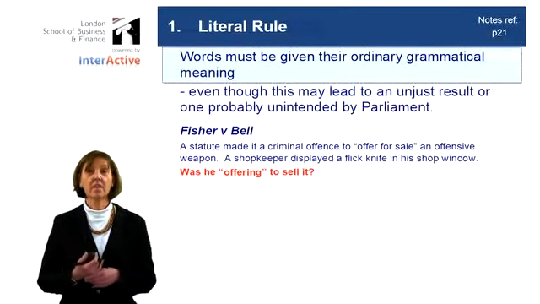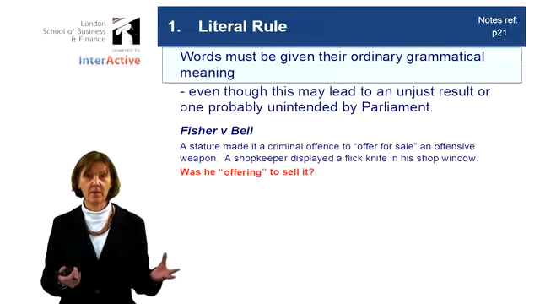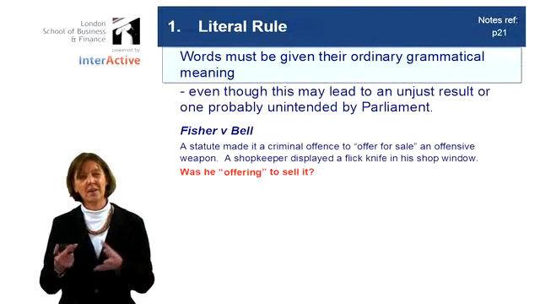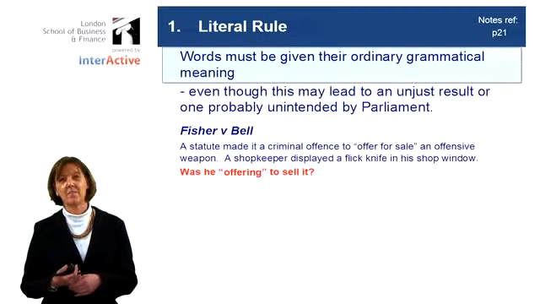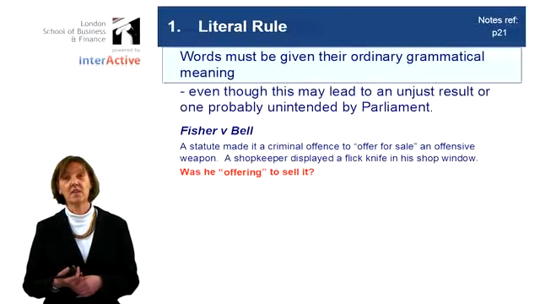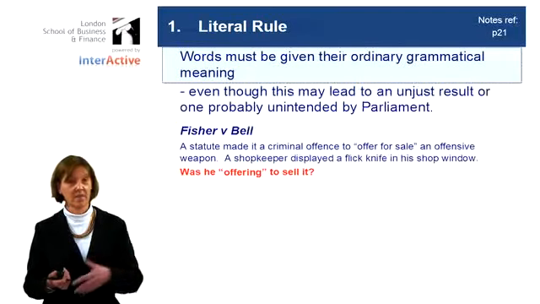So literally, he was not committing a criminal offence by displaying a flick knife in his shop window, even with a price tag attached. Well, do you think Parliament meant that kind of behaviour to be a criminal offence? Well, the answer is yes, they did. They wanted to outlaw the sale of things like flick knives, them being displayed in shop windows.